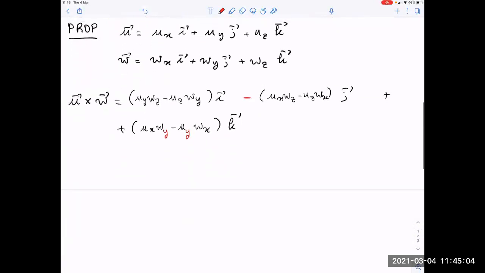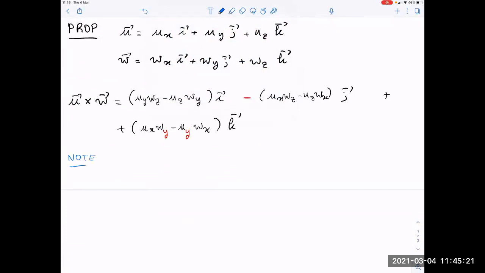And I was telling you, how can we remember these in a compact way? Well, there is a trick coming from matrices. So now it's just a trick.